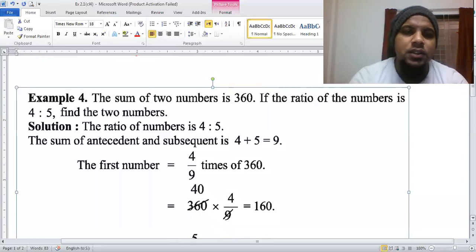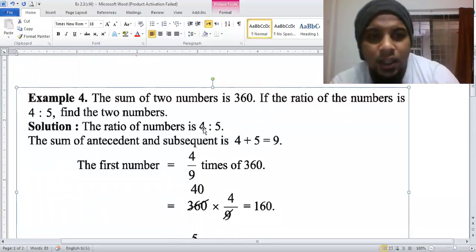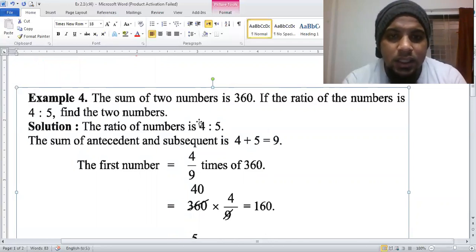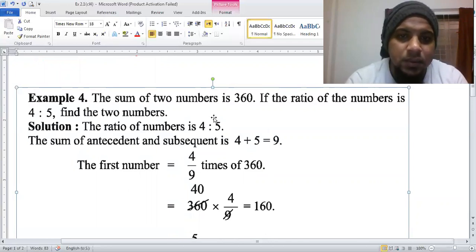At first, we have said the quantity of the first number is 4. That means antecedent is the quantity of the first number and subsequent is the quantity of the second number. So it is 4 and the sum of the antecedent and subsequent is 9.